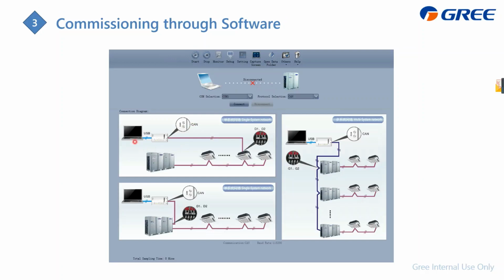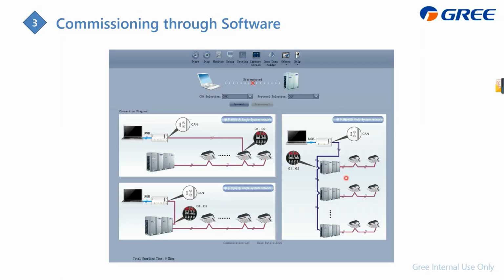At first we should install this commissioning software on your laptop and connect to the indoor unit, the D1, D2, and also connect to the outdoor unit, also D1, D2. When connected to the indoor unit, every indoor unit is available, and the outdoor unit should connect to the master outdoor unit. Okay, the master outdoor unit.